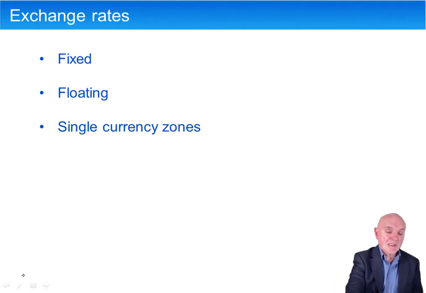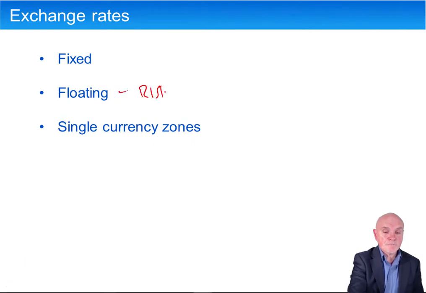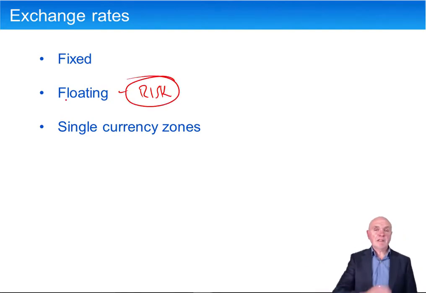And it's in particular when you have a floating rate that you're going to have risk. Because if you sell goods abroad and you're going to get another currency coming in and the rate is changing, you're never quite sure how much that foreign currency is going to be translated to when it's paid into your bank account. And therefore it becomes difficult for you to budget and to plan if you don't know what the cash flows are going to be.